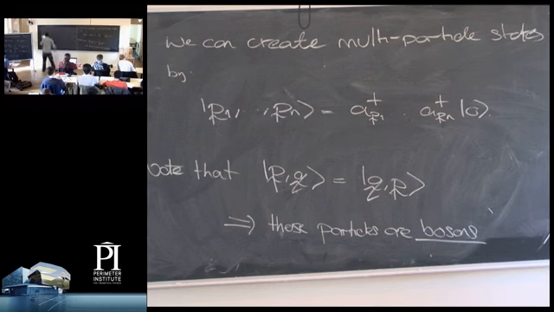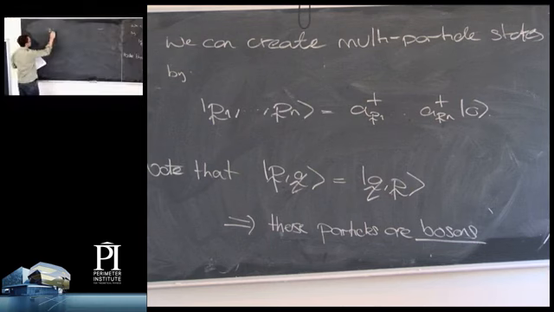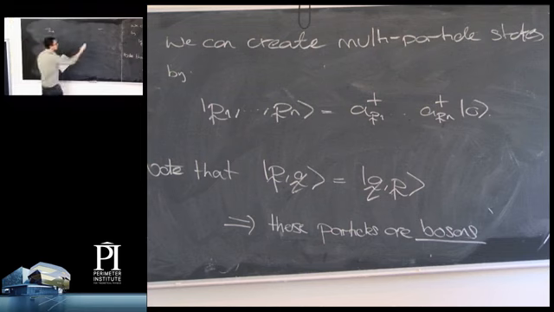People have been asking me for a couple of lectures now, what's the Hilbert space on which these operators are acting? Now we can give a pretty good definition of it.